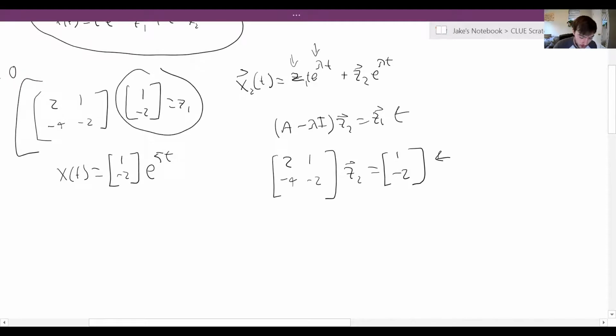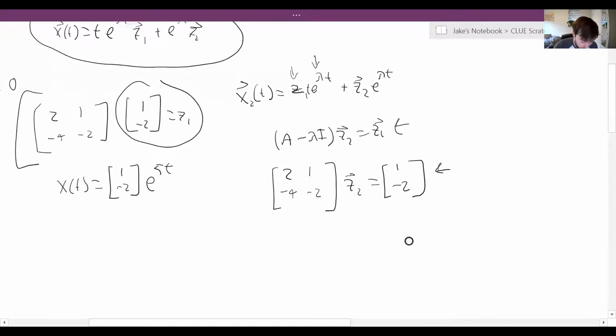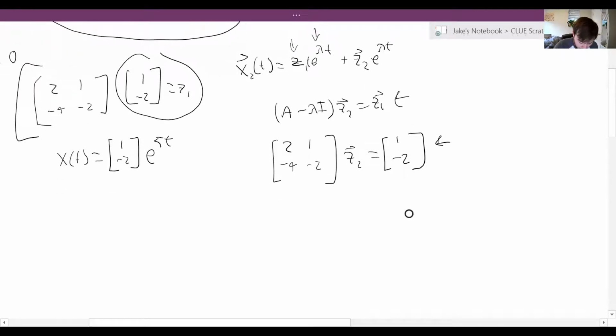Okay. So if we perform this operation, I think you'll see pretty quickly that we get a similar system. I'm going to use the z1, z2 notation for the components of this vector. I hope that's okay. So 2z1 plus z2 equals 1, not 0.